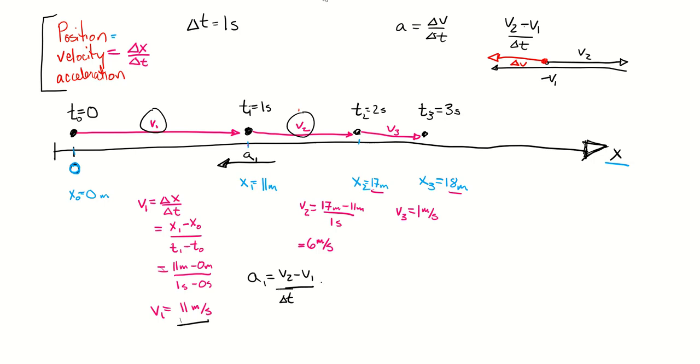And since we have v1 and v2, this ends up being 6 meters per second minus 11 meters per second, all divided by 1 second, the change in time between those. And this ends up being negative 5 meters per second squared is our acceleration.